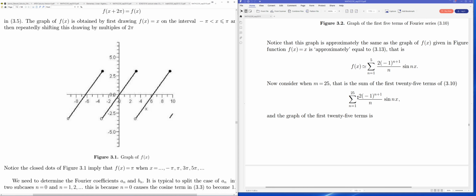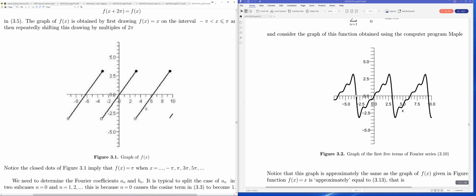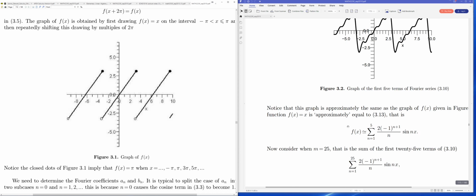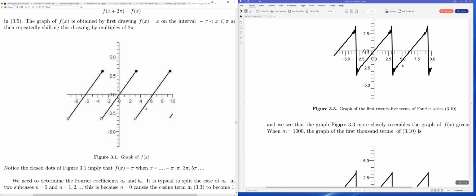Okay, and when I take even more terms, so this is when I'm using 25 of the terms from my original Fourier series. When I use 5, I had this rough approximation. When I use 25 terms, I got a better approximation.